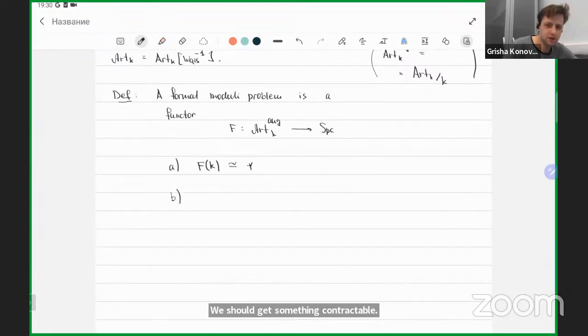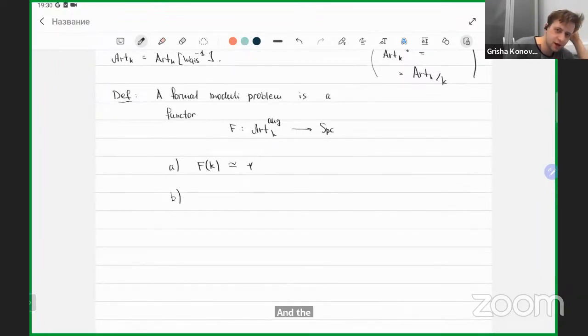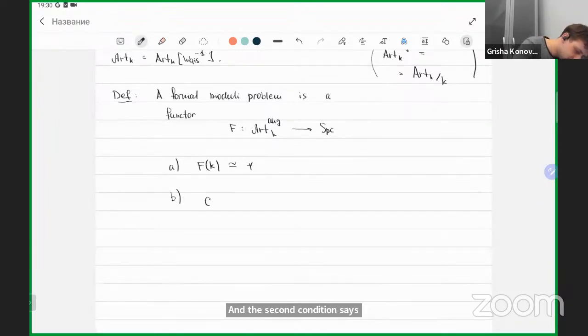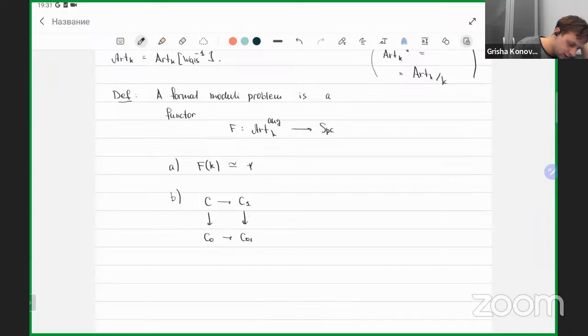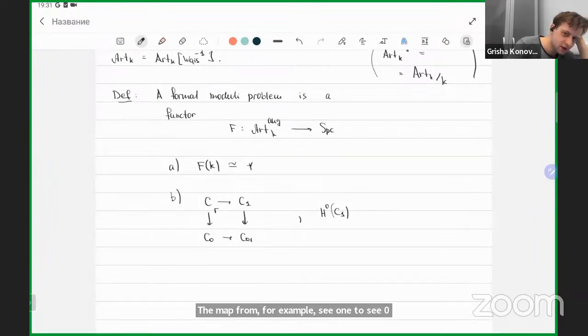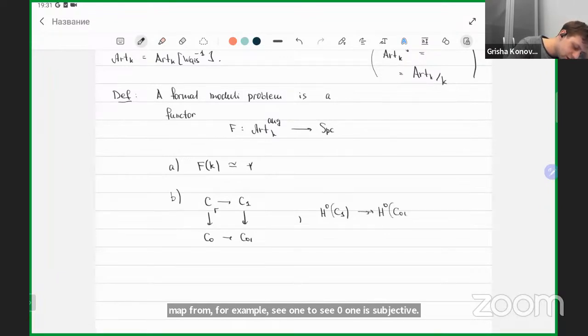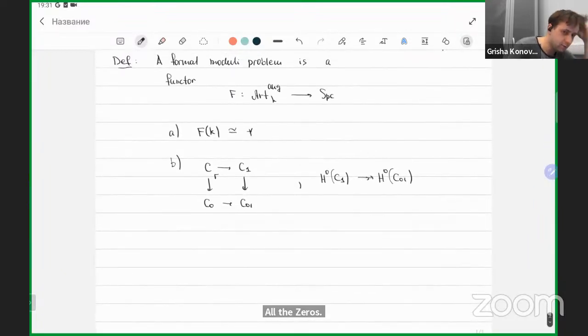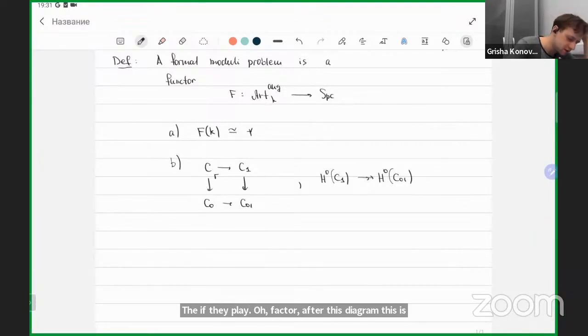And the second condition says that whenever we have a pullback diagram of Artinian algebras, such that the map from, for example, C1 to C01 is surjective on the zeroth cohomology, then if we apply our functor F to this diagram, this is required to be a pullback diagram in spaces.